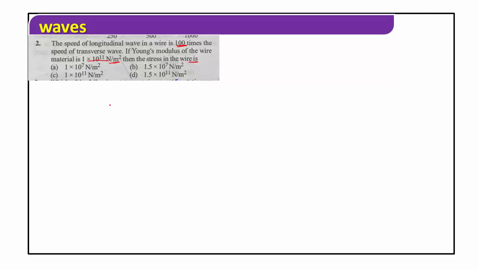Here, V longitudinal is equal to 100 times the speed of the transverse wave.